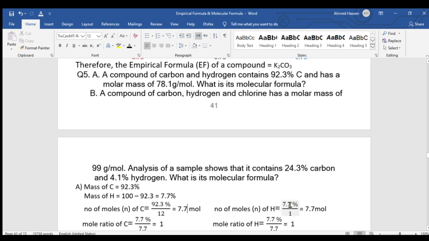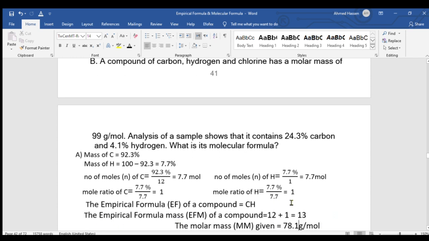The 7.7 is the given mass of hydrogen in percent, divided by the atomic mass of hydrogen, 1, which is 7.7 mole. Therefore, having the same number of moles, divided by 7.7, both become 1, 1. Okay, therefore, the empirical formula of the compound will be 1, 1. That means carbon 1, hydrogen 1.